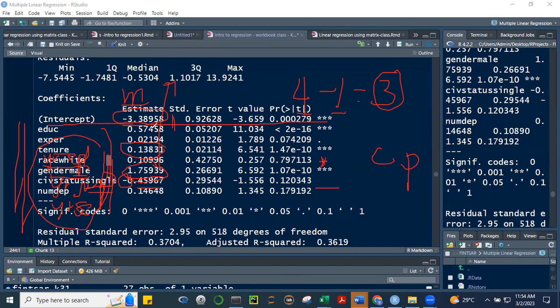So ibig sabihin nito, the average hourly wage of a person without education, without experience, without tenure, who is non-white, who is female, who is married, who has no dependents, is negative $3.39. Of course, we're not putting any quote unquote practical or physical interpretation to that.